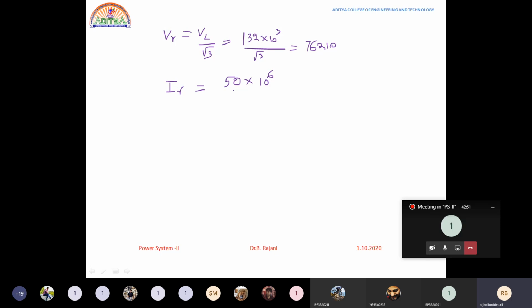Why I told you many times? Cos phi is equals to kilowatts by kVA rating, so kVA gives you kilowatts by cos phi. So you need not multiply the denominator with cos phi here. This gets cancelled with 3 times.